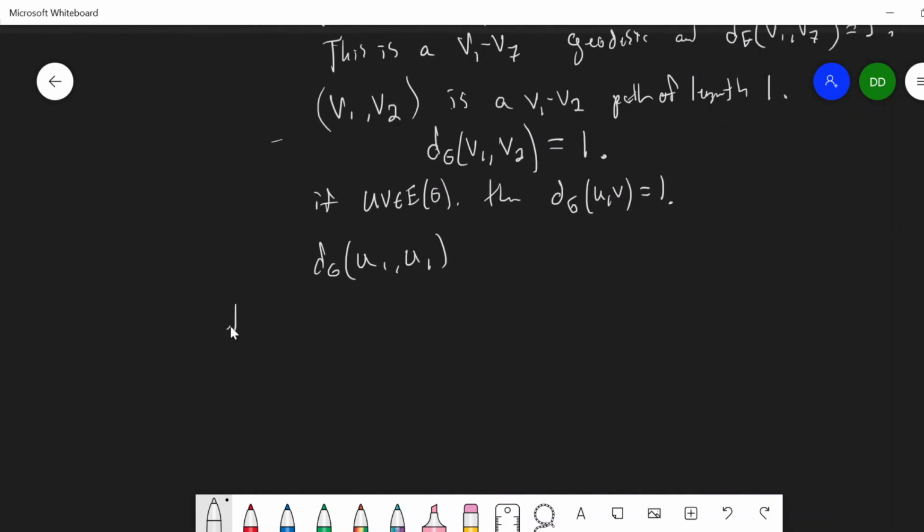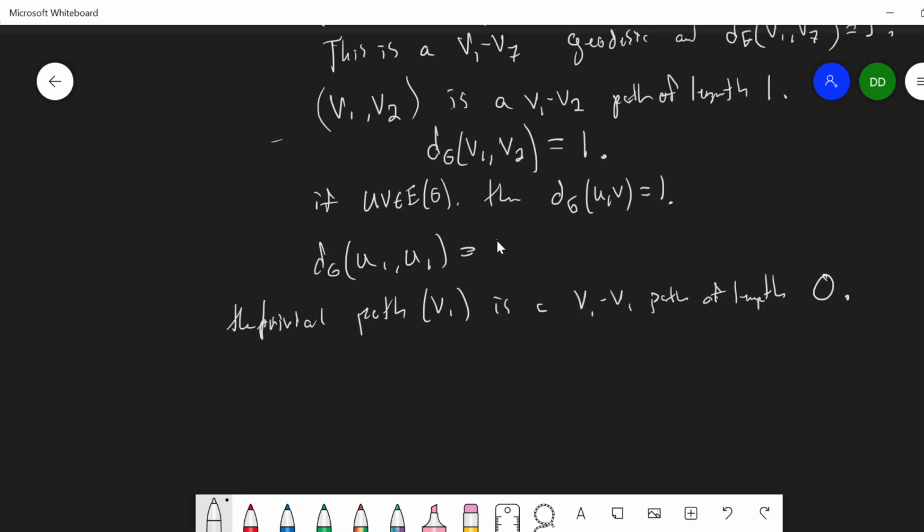So the trivial path, just V1, is a V1 path of length 0, since it has no edges. And so the distance between V1 and itself is 0. In general, the distance between any vertex and itself is 0.